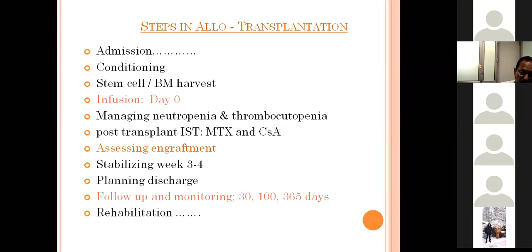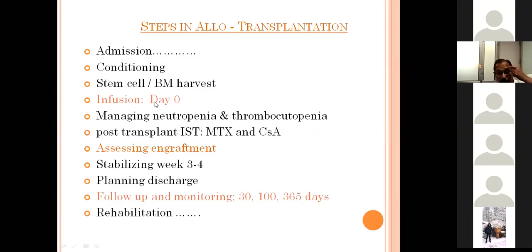This process, जिसमें mainly chemotherapies or similar therapies are involved in higher doses, and the objective is to finish the disease and empty the bone marrow to accept donor stem cell. So donor stem cell harvest होंगे या अगर auto transplant है तो patient and donor same, उसी से harvest होंगे.